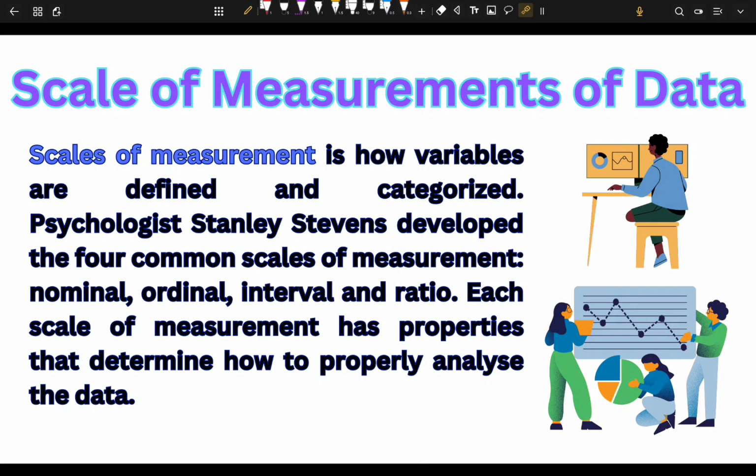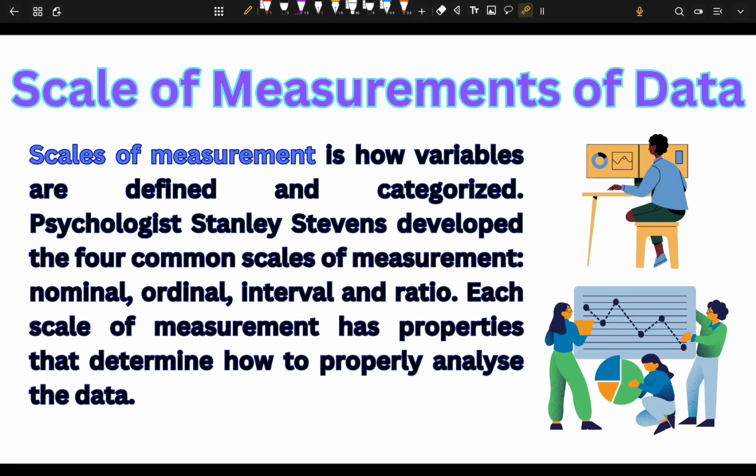So according kay psychologist Stanley Stevens, dinevelop niya yung ating scale measurements of data into 4 common scales of measurement, which are yung nominal, ordinal, interval, and ratio. Pero ano muna ba yung scales of measurement? This is how variables are defined and categorized.